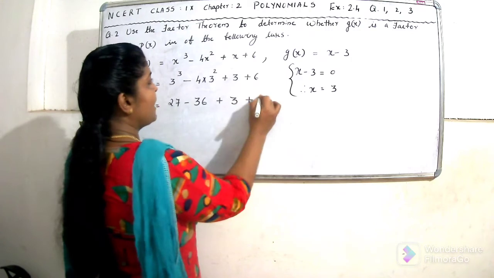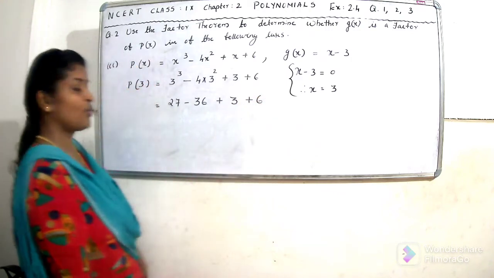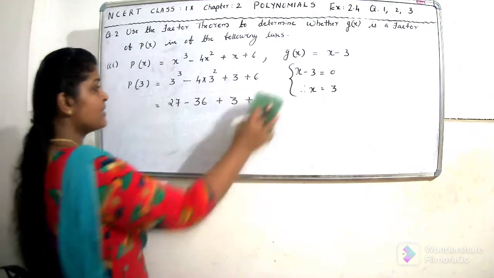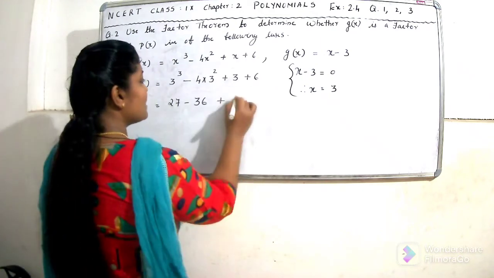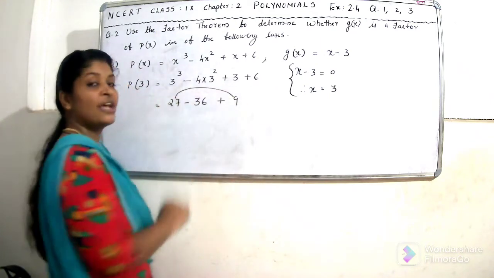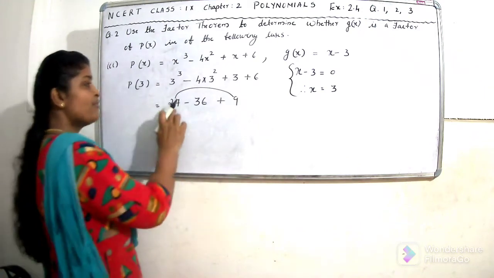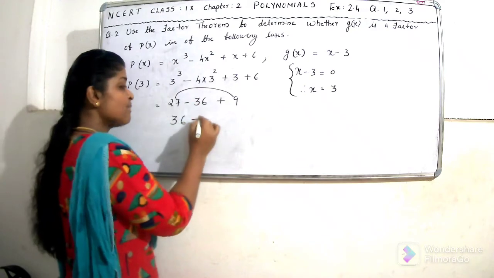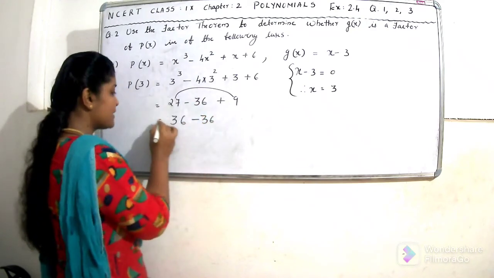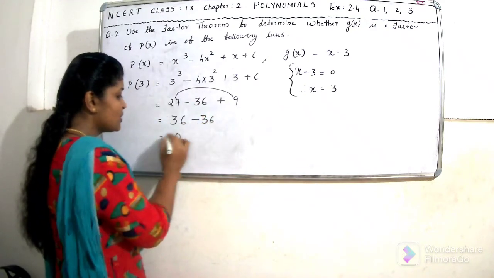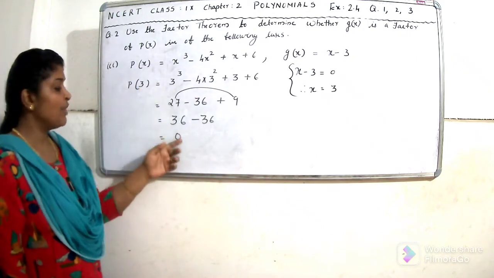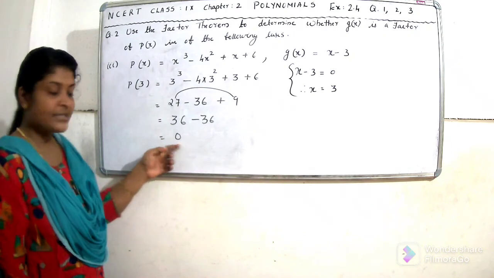Plus 3 and plus 6. 3 plus 6 is 9, so we write plus 9. 27 and 9 are positive, so we add these two and get 36. 36 minus 36, both cancel out, so the answer is 0. That means when we substituted 3, we got 0, so the remainder is 0.